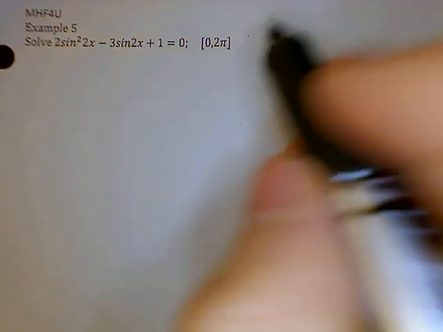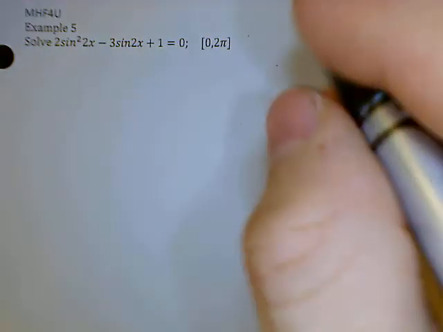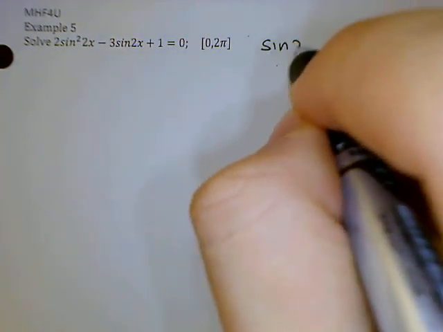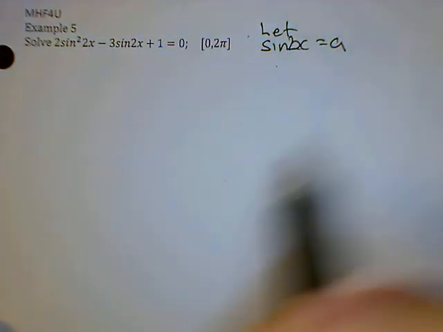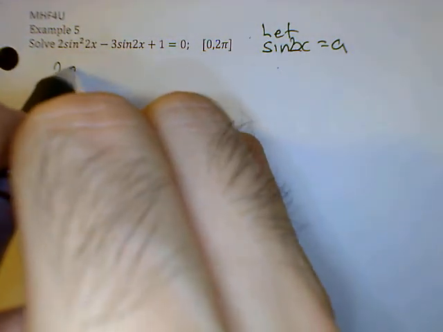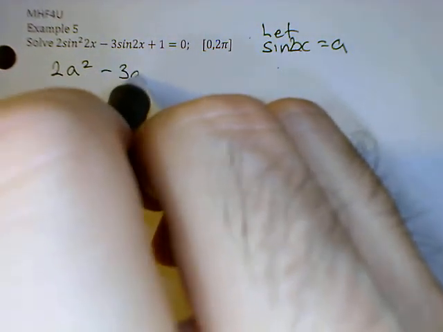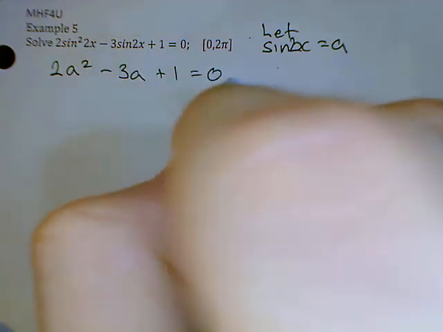Just to give you a heads up of how you can start this, remember that we can substitute a for sine 2x. This is going to be the same as a squared minus 3a plus 1 equals 0.